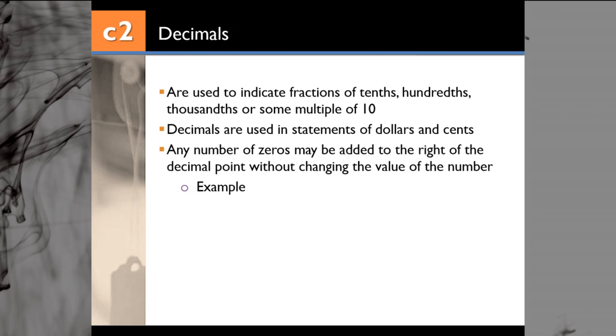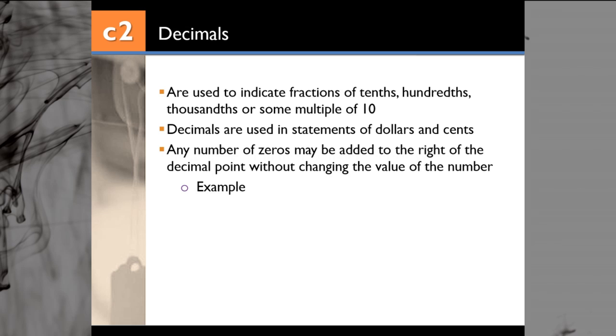Decimals are used a lot in retail math because we are using cents. When you talk about 25 cents, that's going to be 0.25. Decimals are used to indicate fractions of tenths, hundredths, thousandths, or some multiple of 10. These decimals are used in statements of dollars and cents, as I mentioned. So if it's 10 cents, that's going to be 0.10.